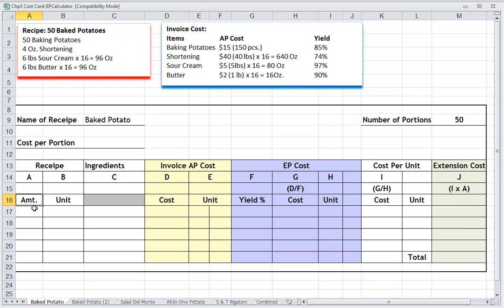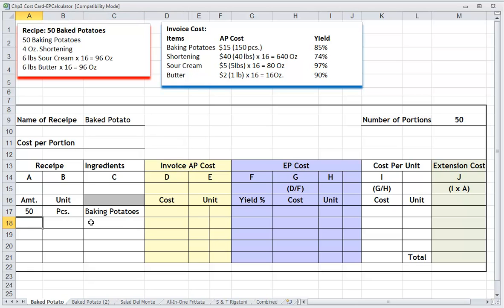In the first column we've got the amount column, and under the recipe we have 50 baked potatoes, so we will put 50 as the amount. The unit of measure for the baked potatoes could be pieces. The ingredients is simply the name of the item that we are including. Baking potatoes.